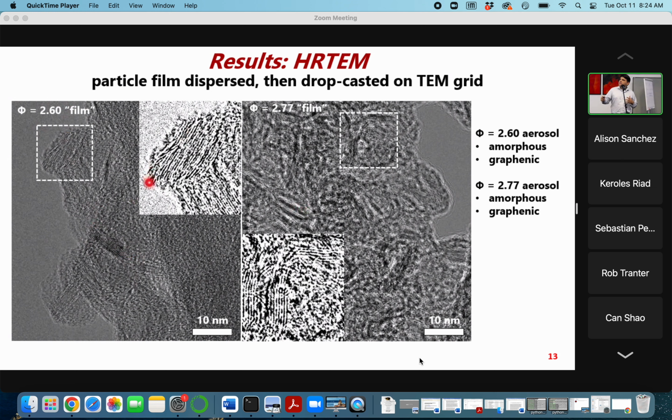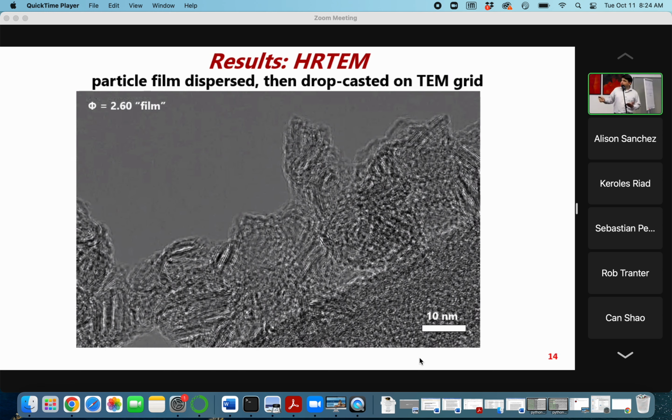So here's this 10 nanometers, contrast enhanced. You can see clearly that this is not a soot particle. And the same thing with the 2.77 film. This is typical of what's reported in the graphene literature. So it's more graphenic for this film that's broken up and dispersed.